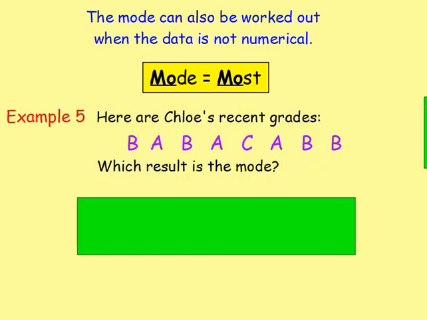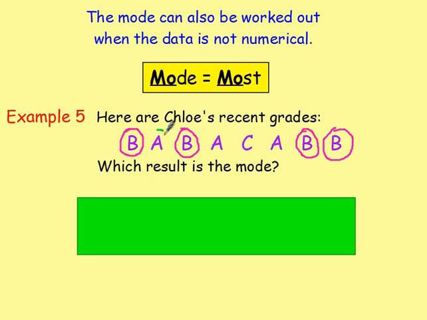Example 5. Here are Chloe's recent grades. She got a B, an A, a B, an A, a C, an A, a B, and a B. Which result is the mode? Well, let's look at this. With the B's, how many B's do we have? We've got 1, 2, 3, and 4. So she scored 4 B's.